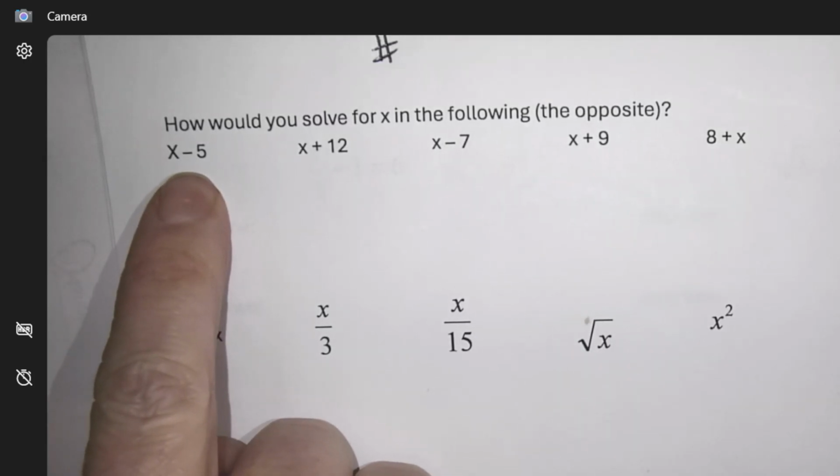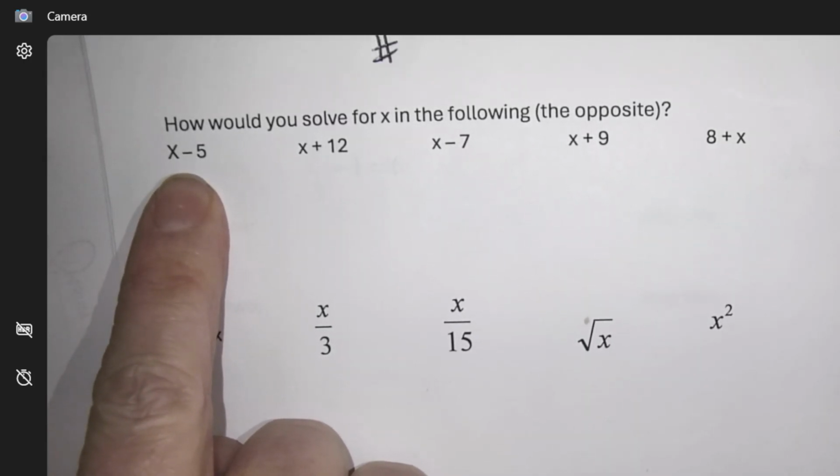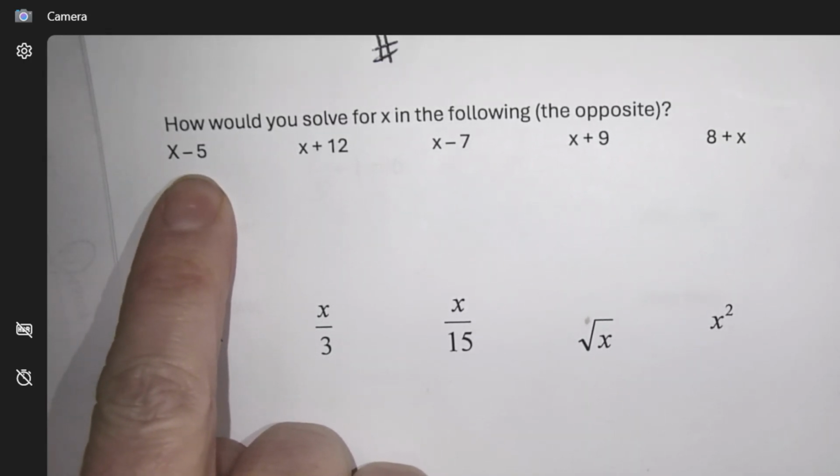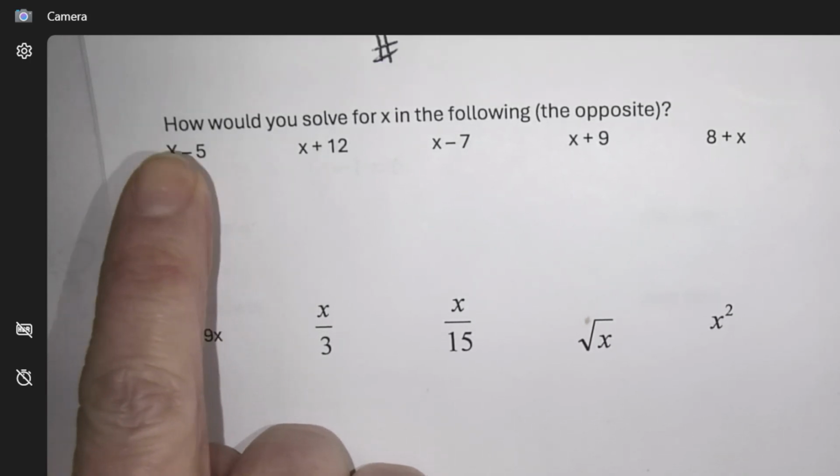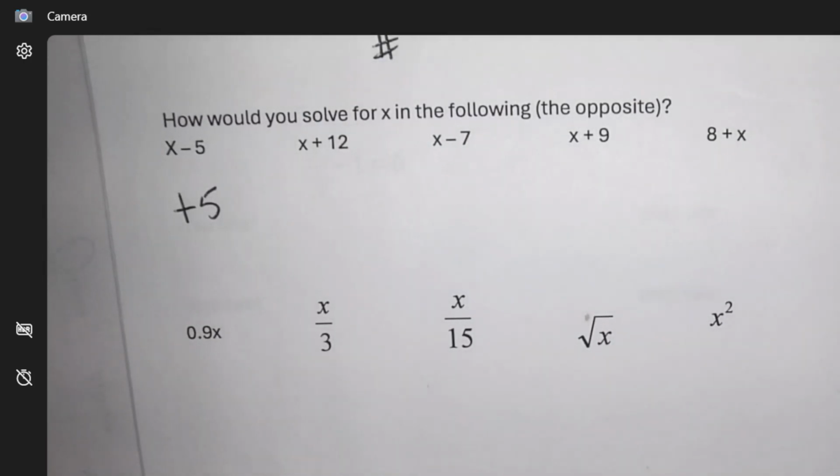So what I see when I look at this expression, if I wanted x alone, how do I get rid of the other stuff? So I would have to add 5. Okay, I'm trying to get rid of it so I can have x all alone. That's the goal.